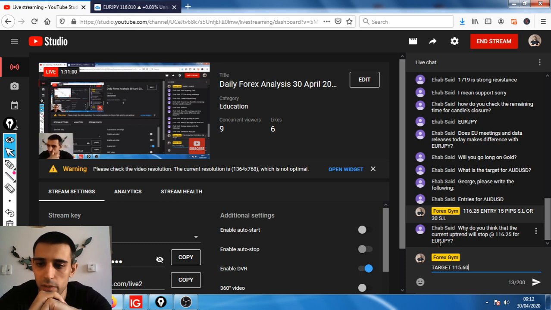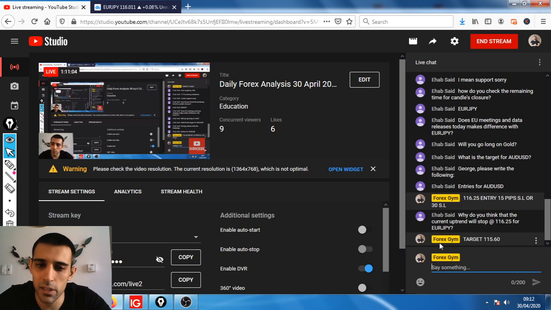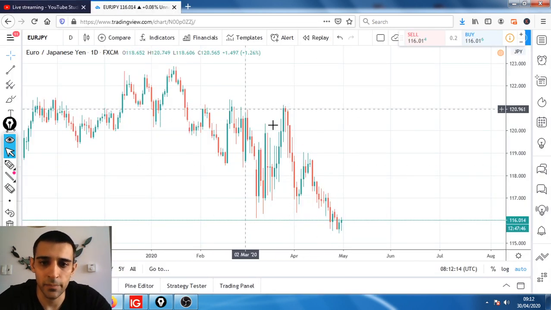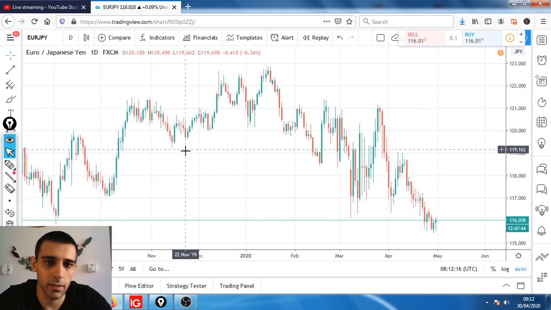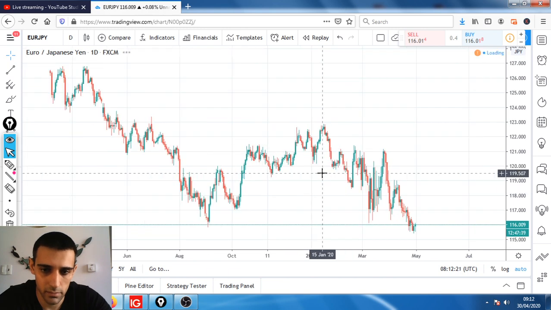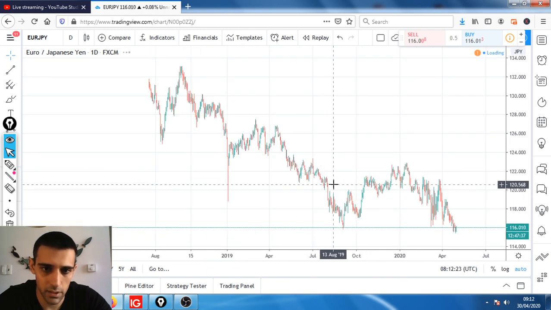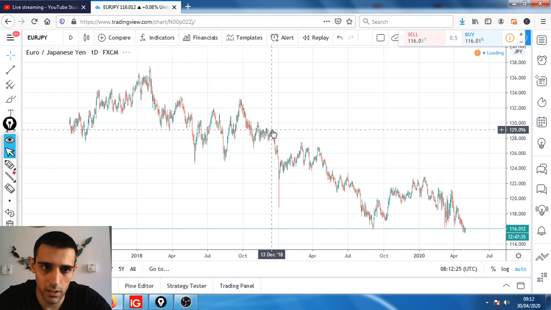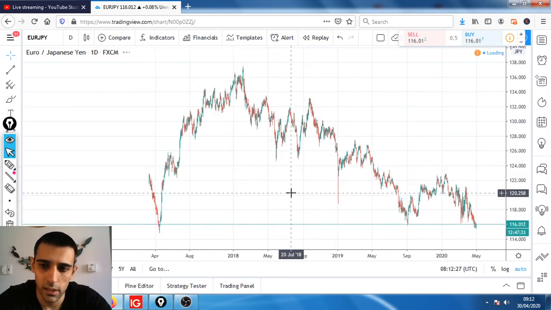Yes, that's euro against Japanese yen. But personally, I don't like the structure of this play, because it's quite unclear where the price is going. Even coming down, too far. I can't even see the candles now.